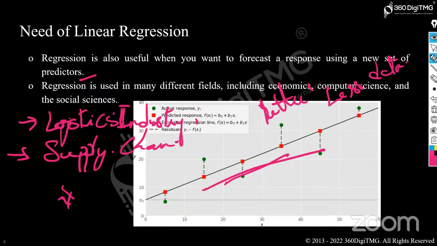For example, if I have x1, x2, x3, multiple columns, features, this will be multiple linear regression. And it is all different when it comes to multiple linear regression and simple linear regression.